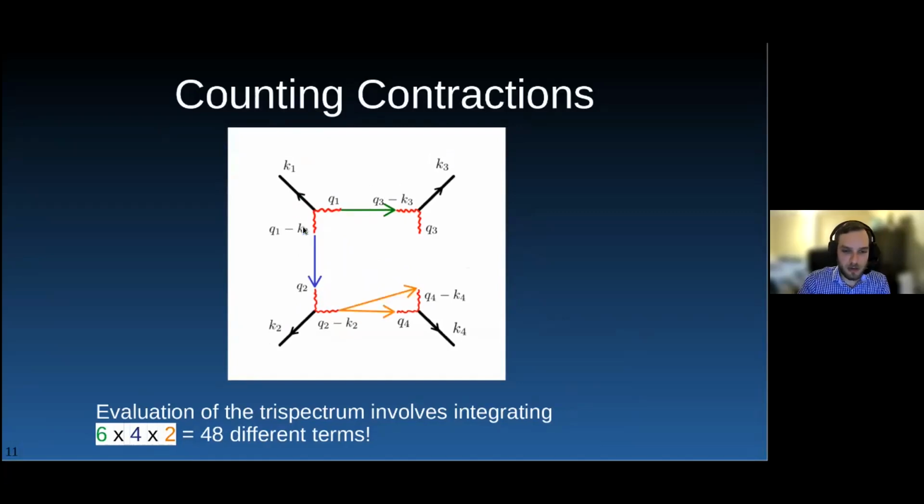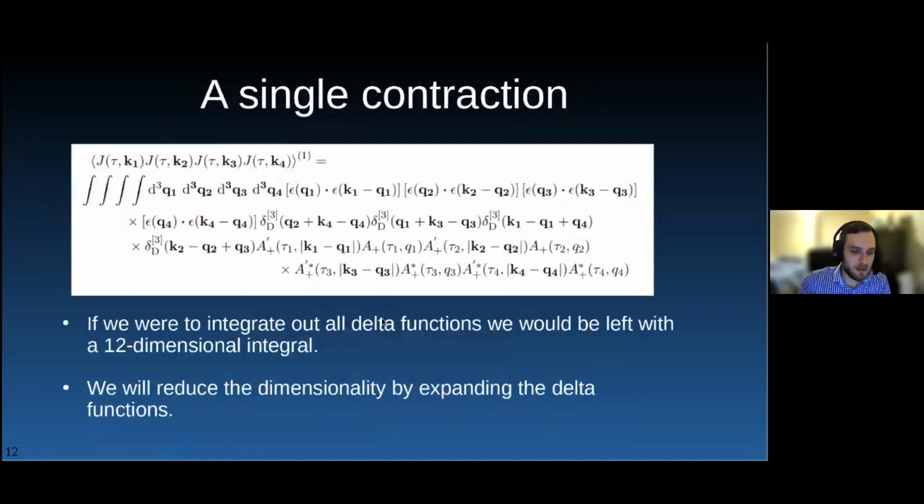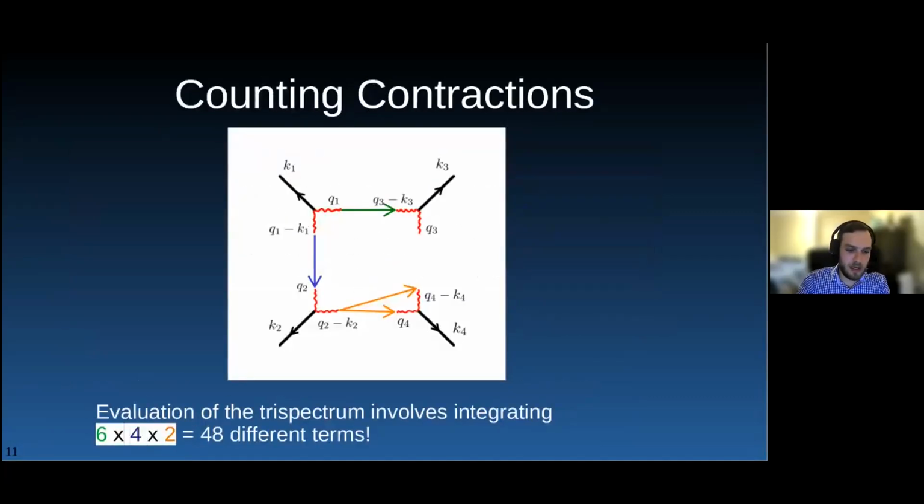And once we make that choice, if we look at the Q2 minus K2, there are 2 places to contract. So 6 times 4 times 2 gives 48 different terms. So the correlation function of those 4 source terms will involve 48 different terms that we will have to integrate.